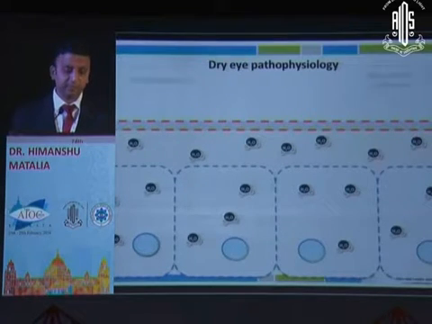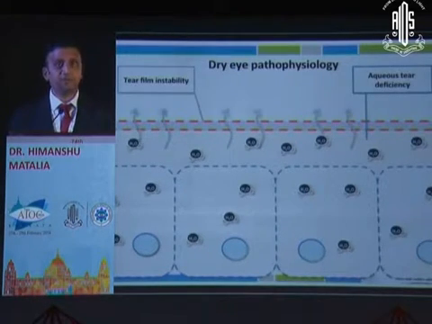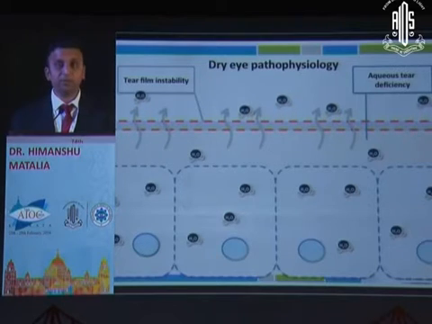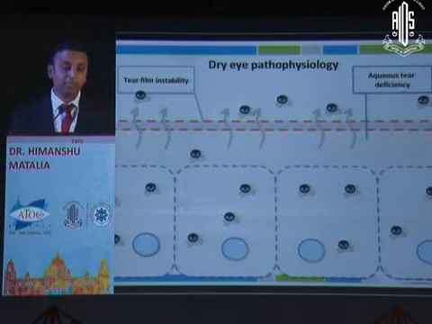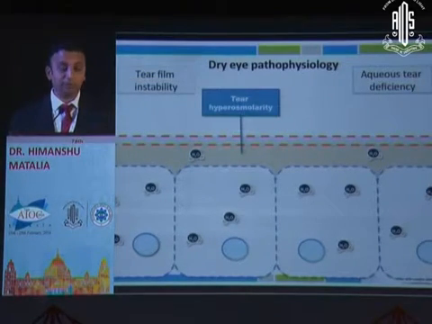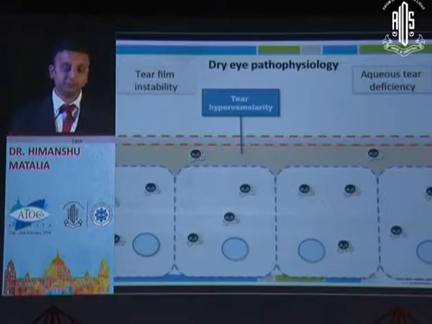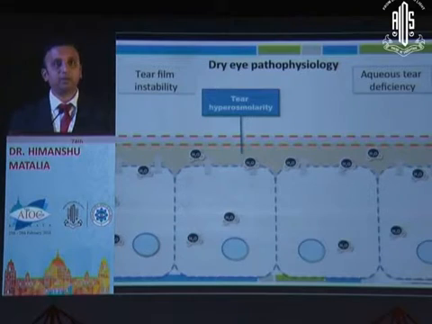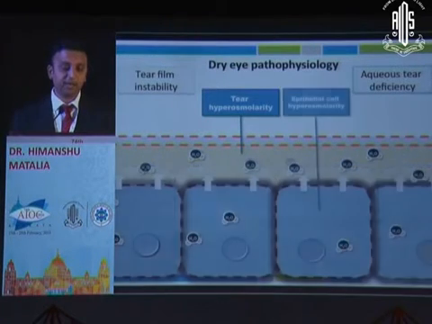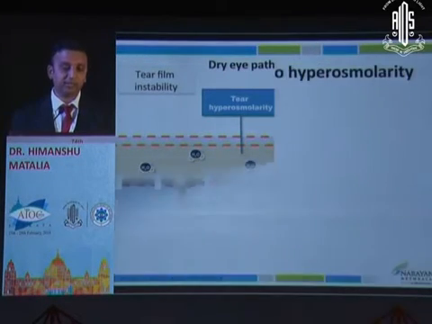Again, it's quite simple. Where the tear film is abnormal, where evaporation is higher than the secretion, or the secretion is lower, tears evaporate. The preocular tear film becomes hyperosmolar, and it takes away the water molecules from the cells, dehydrates the cell, and finally kills the cell.